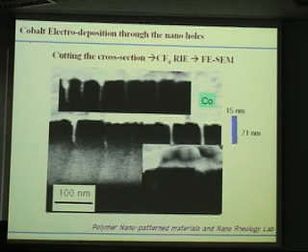This is the cobalt electrode deposition. If we electrodeposit cobalt, the size is about 6 or 7 nanometers. This is much smaller than previously, where the size was about 25 nanometers.